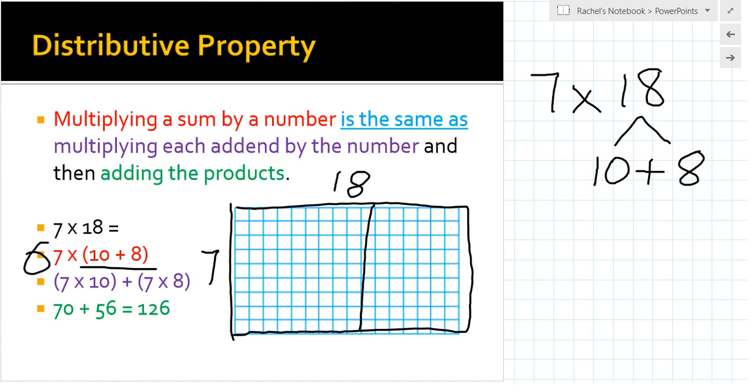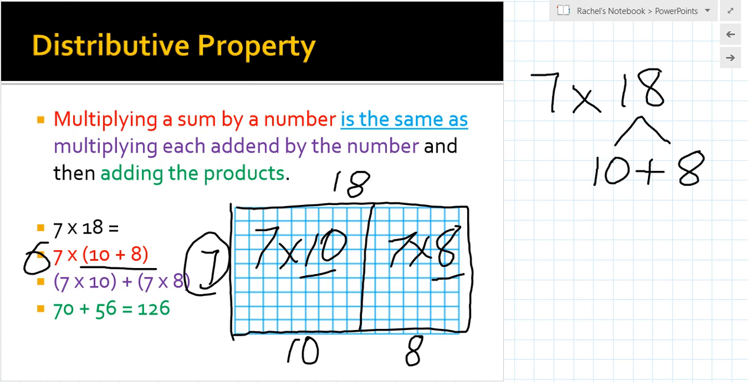So breaking this apart, we can break it up into 10 and 8. And so far, we've done the first part of the distributive property. We're multiplying a sum by a number, which is the same thing as multiplying each addend by the number. So this number is 7.